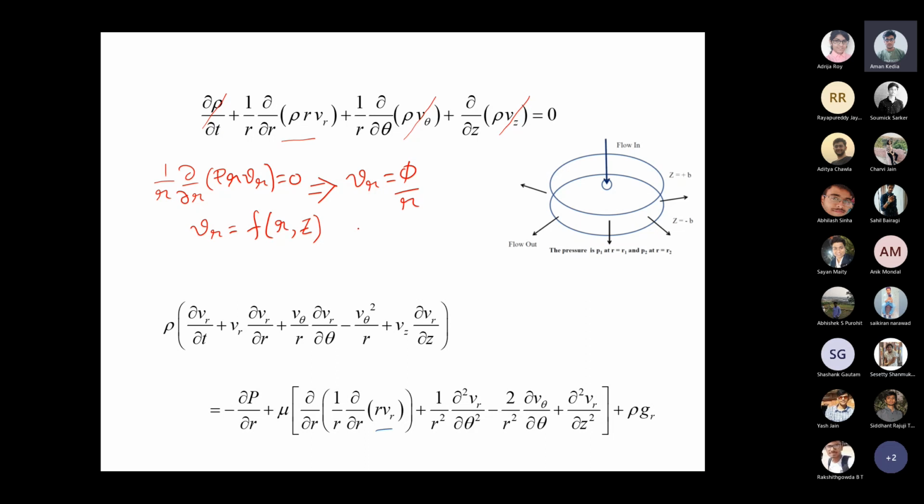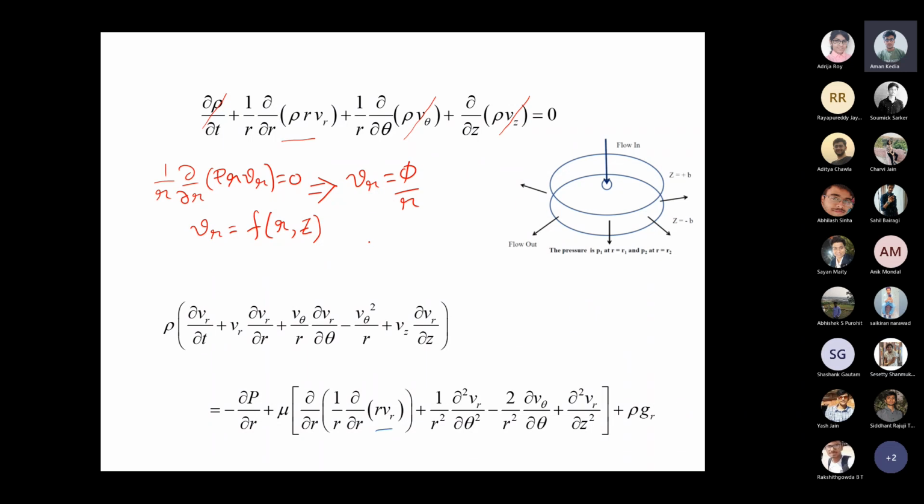Okay. And why would you say obviously it's going to be a function of R? Because vr is equal to phi by r. No, I can see that, but physically, why would vr be a decreasing function of r? Because of the continuity equation. The larger r, the area or the circumference increases, so it has to slow down.